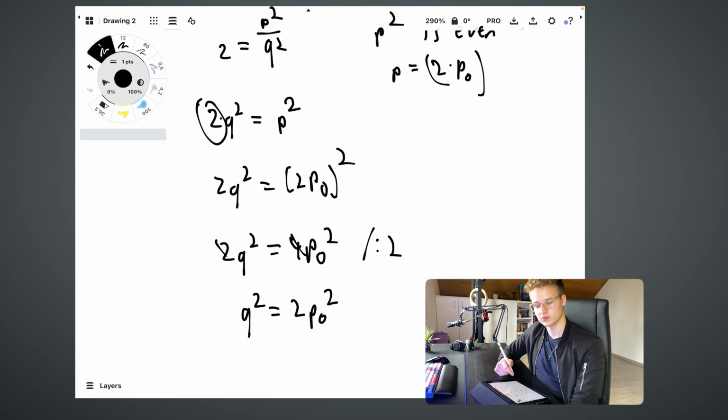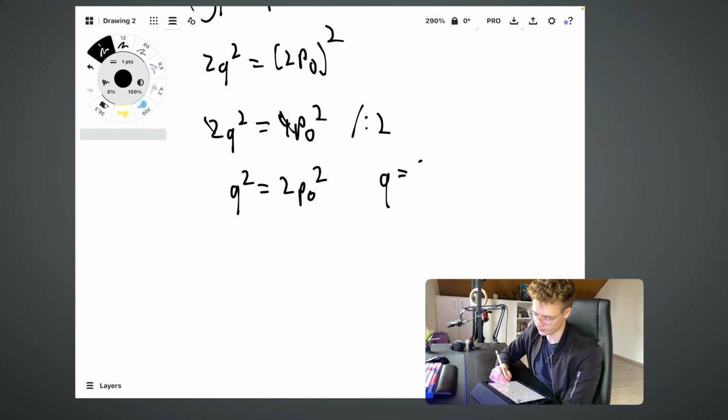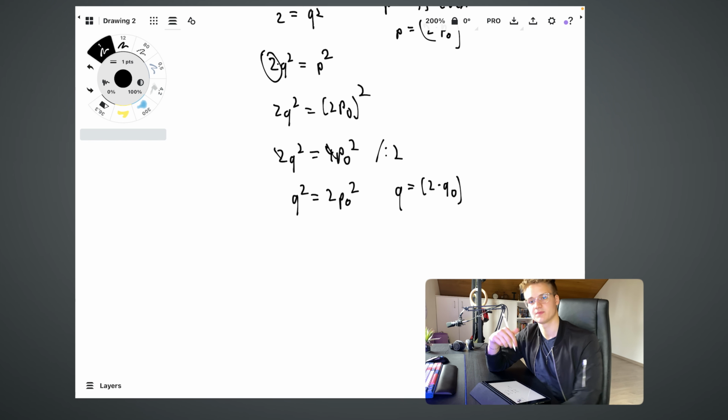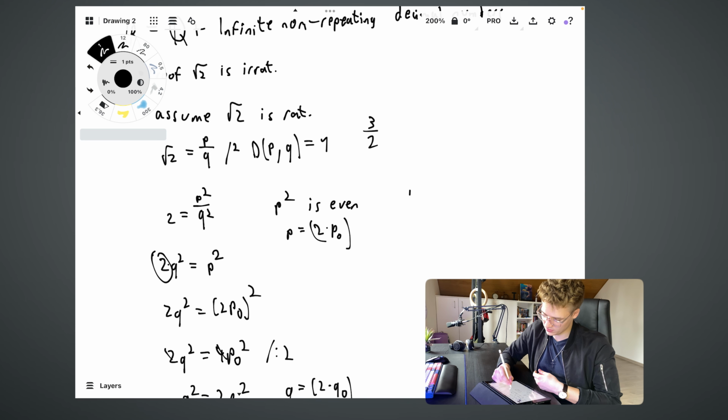Okay, what next? Well, this would imply that q is also an even number. So it's 2 times q0. And what does this mean? Well, it means that p is even and q is even.